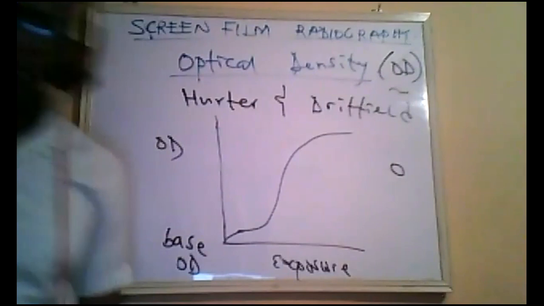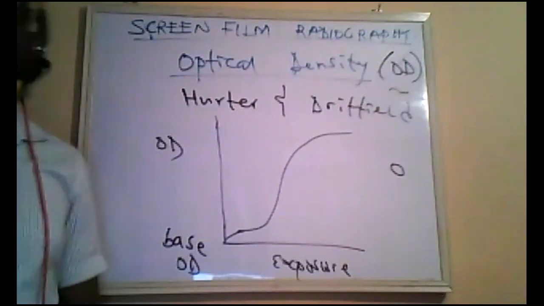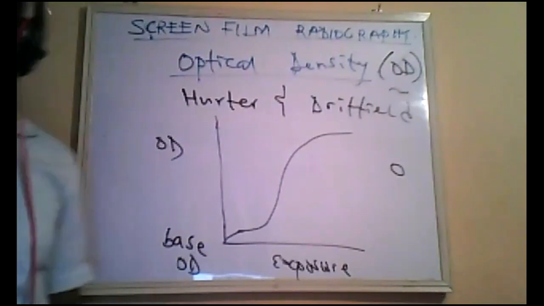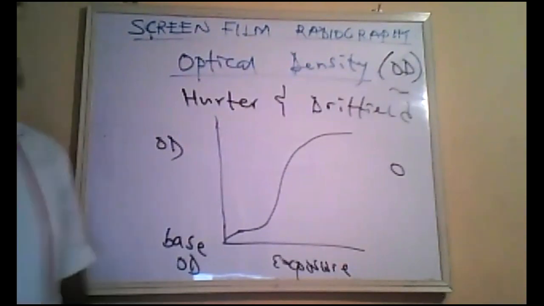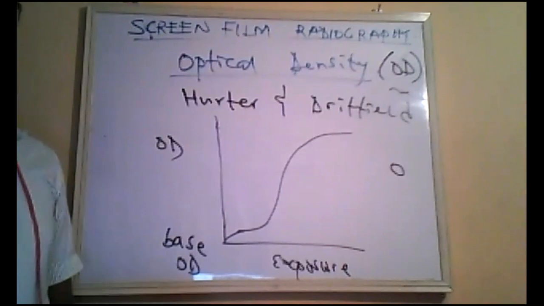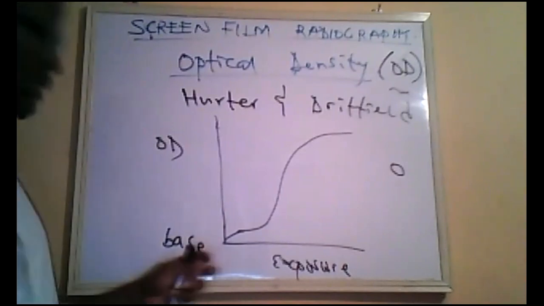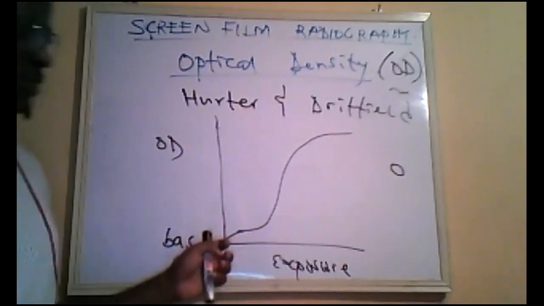Because of the way the film has been manufactured, the film has some dyes put inside it, and some materials which emit color have been put inside the film, and so on and so forth.